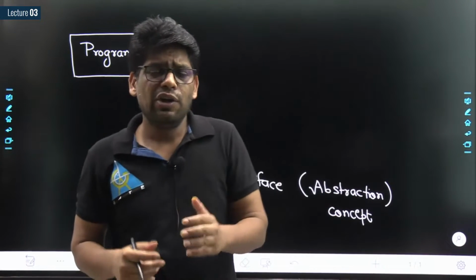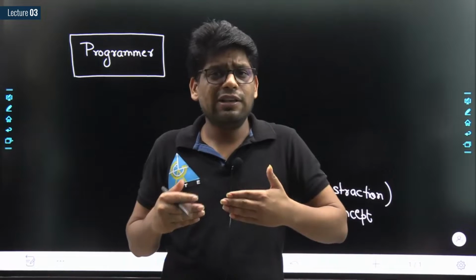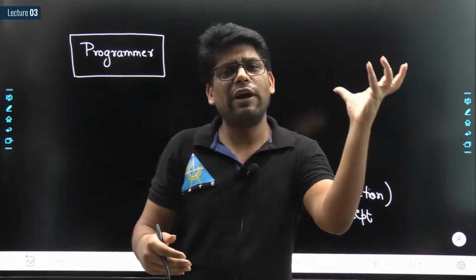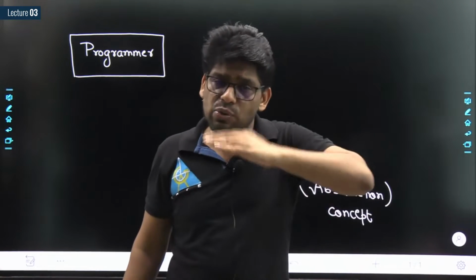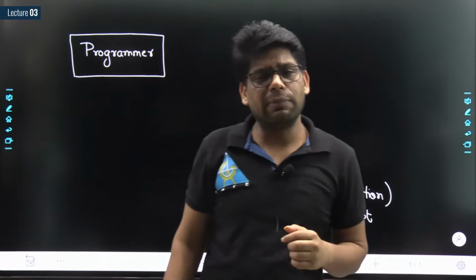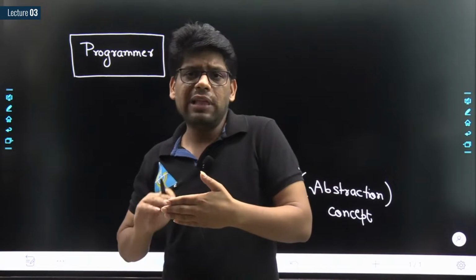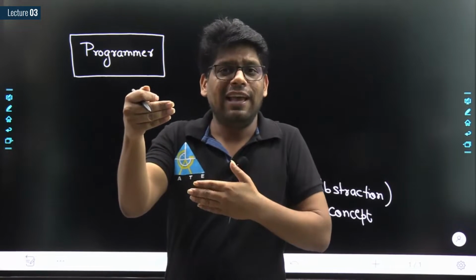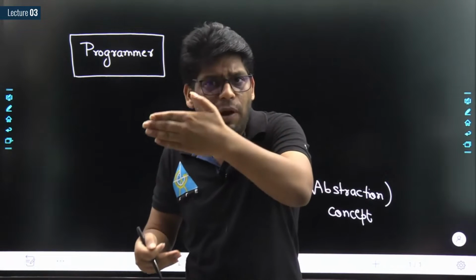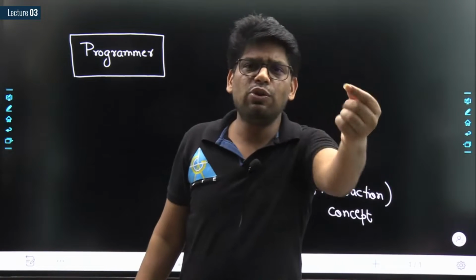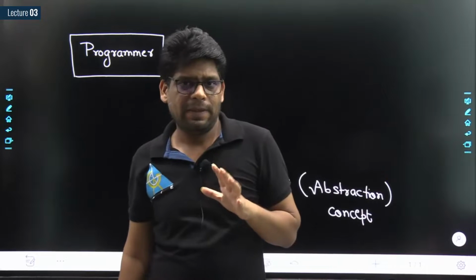Actually, the user is using an interface provided. The user is using an interface provided. That means the user, with the help of the interface, is accessing those programs. Try to understand.